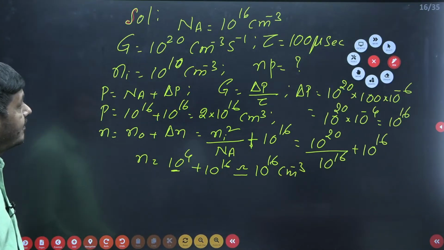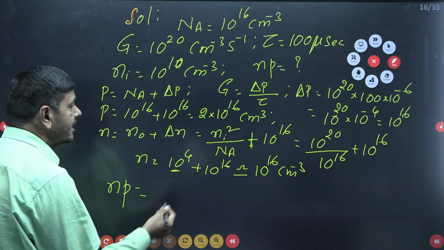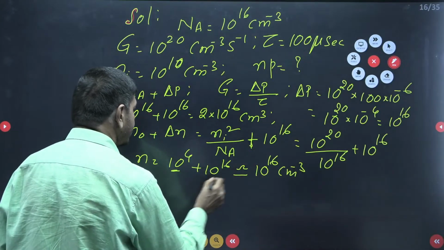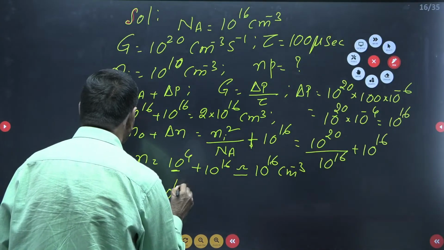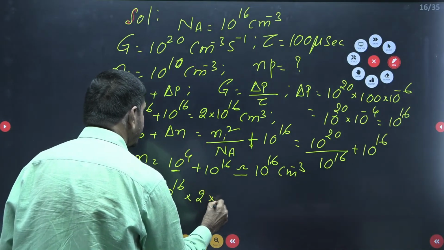Now the product of these two, n into p, is what we are asked to find. n is 10 power 16 here, and p is 2 into 10 power 16.